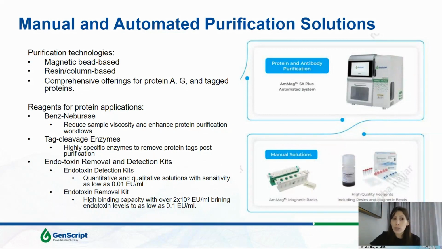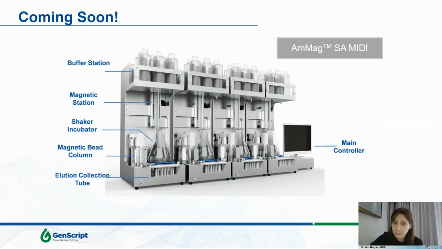We also have quite a bit of tag cleavage enzymes that, of course, at the end of your protein purification, if you want to clip that tag, this is excellent for you. And lastly, I do want to mention our endotoxin kits. We have endotoxin kits to remove or detect the actual levels. So both of these options are readily available.